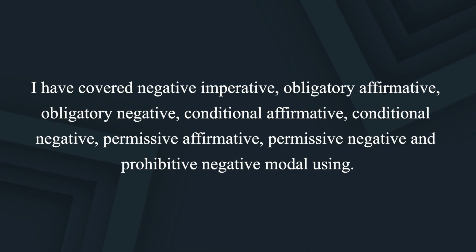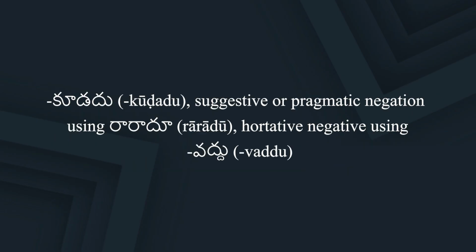I have covered negative imperative, obligatory imperative, obligatory negative, conditional affirmative, conditional negative, permissive affirmative, permissive negative, and prohibitive negative modal using kudadu, suggestive or pragmatic negation using raradu, hortative negative using vaddu, informatory affirmative, informatory negative, gerund affirmative, gerund negative, request question affirmative, and present affirmative, present negative, present adjectival participle, present adverbial participle, past affirmative, past negative, past adjectival participle, and future habitual affirmative, future negative, future adjectival participle, and future negative adjectival participle.